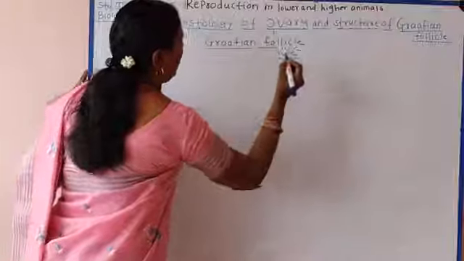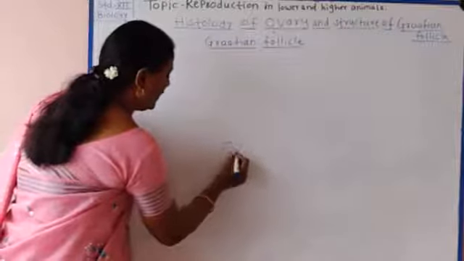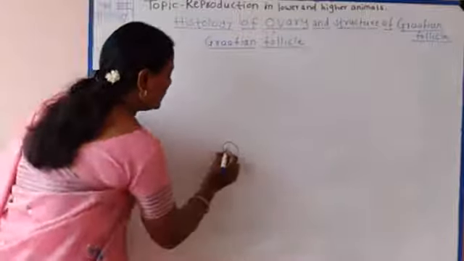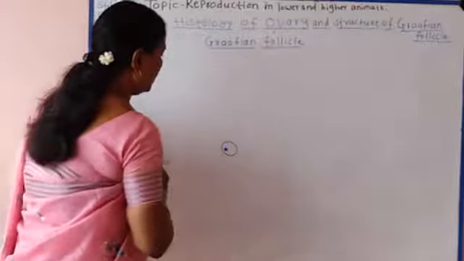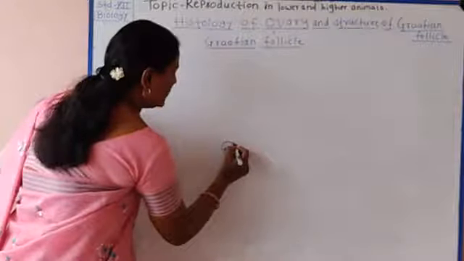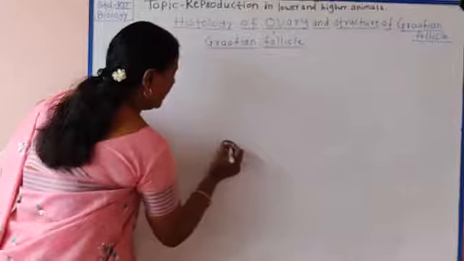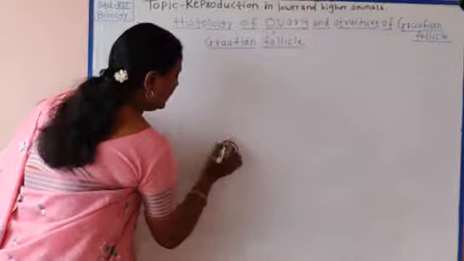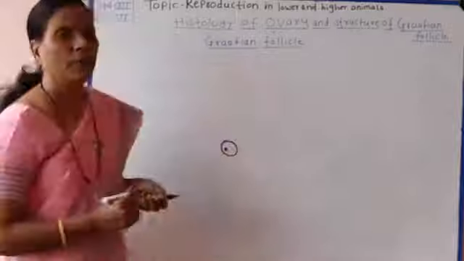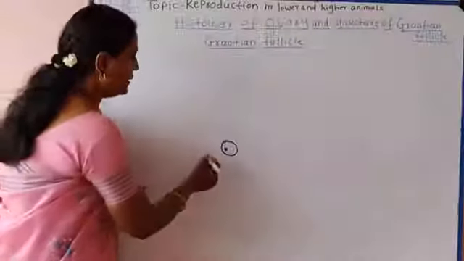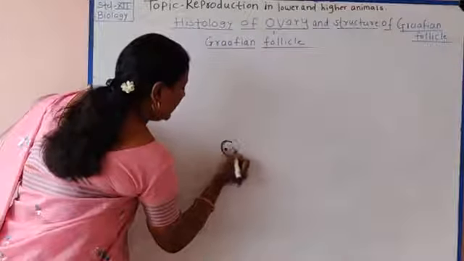Now this is the mature Graafian follicle, which consists of the secondary oocyte, and it is covered by the zona pellucida, the outer membrane. Inside is the secondary oocyte, covered by the vitelline membrane, which is the outer layer of the plasma membrane of the secondary oocyte.